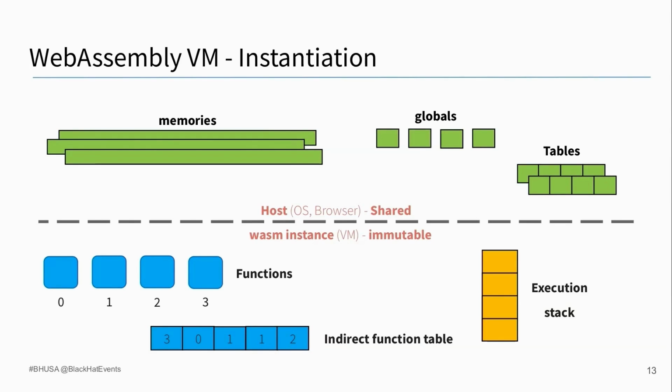It's not a classic stack. You just push and pop data on it, so it's really limited in that way. That's why we say that WebAssembly is sandboxed. That's typically the reason.